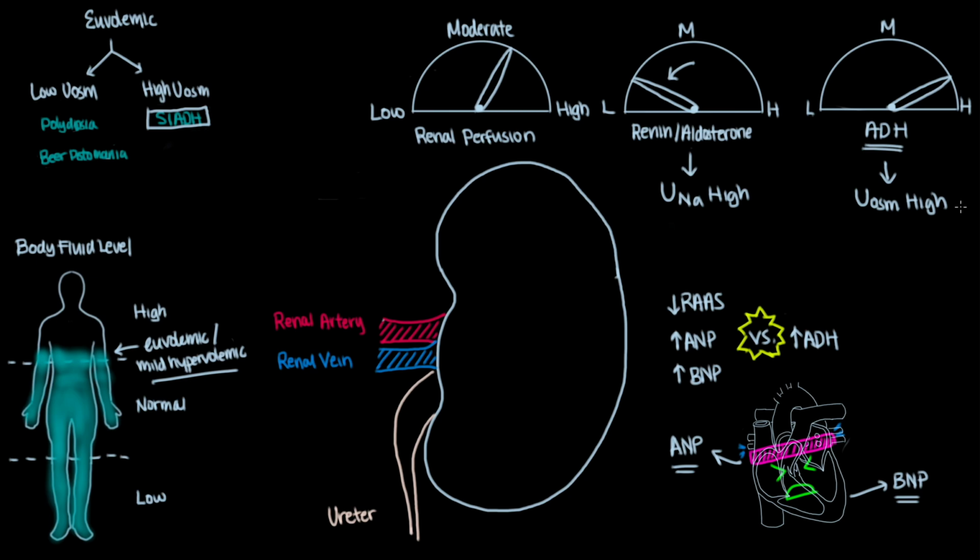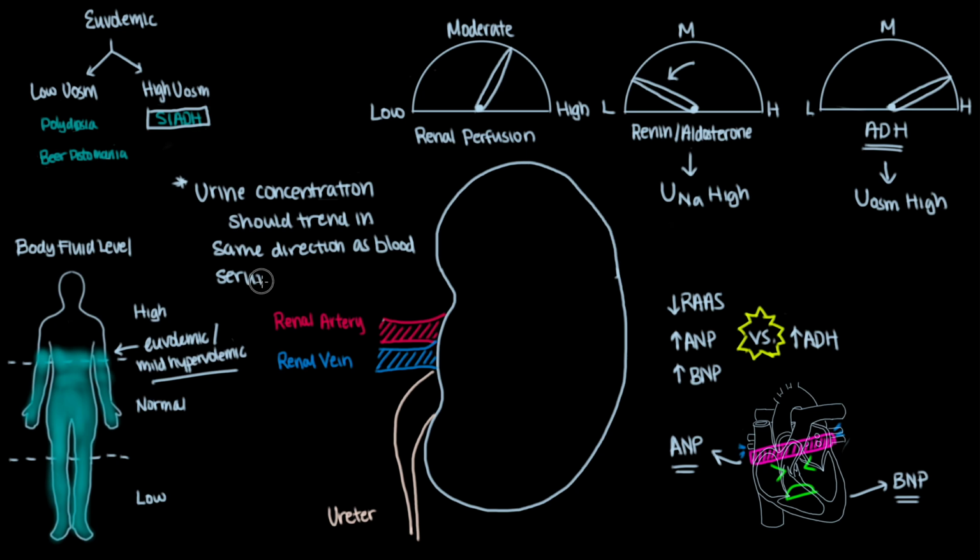And also, I wanted to leave you with one additional concept when thinking through euvolemic hyponatremic states, because I often get lost in the thought process. The concept that I default to when this happens is that I remind myself that if all the signaling in our body is working appropriately, our urine concentration should generally trend in the same direction as our serum concentration, right?